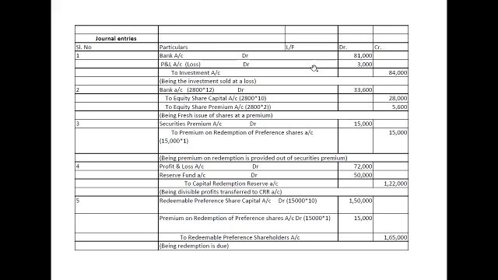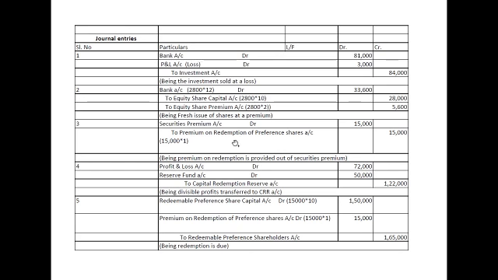So you will receive 33,600, to equity share capital account, that is the nominal value, 2,800 into 10, and to equity share premium account, that is, securities premium as we call it here, so 2,800 into 2 rupees. Narration: being fresh issue of shares are made at premium.